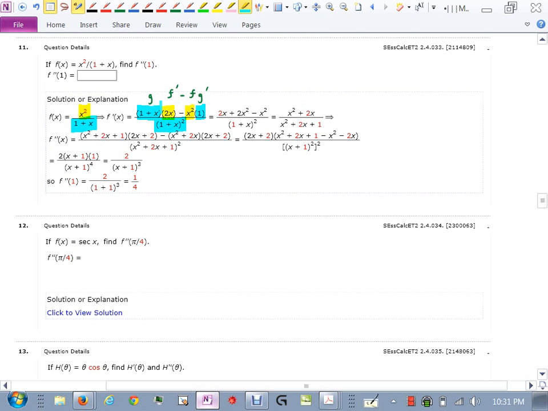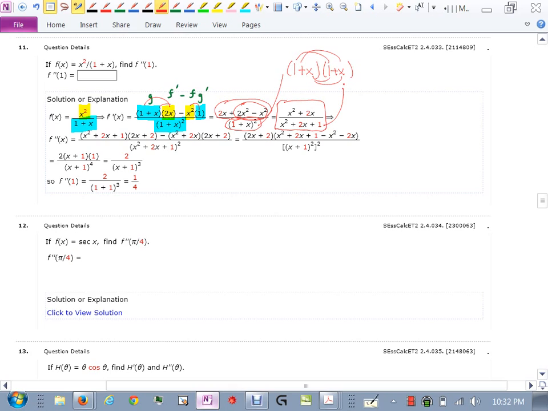Then they do some algebra, they distribute 2x through, multiply those together, they get this. And then put those two together, and you put them in descending order, and you get this. This is our derivative. They also square this out. So they actually take the denominator, 1 plus x times 1 plus x, and they multiply that out. And that gives you the bottom right here.